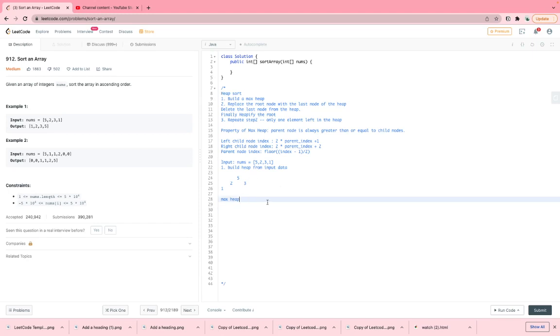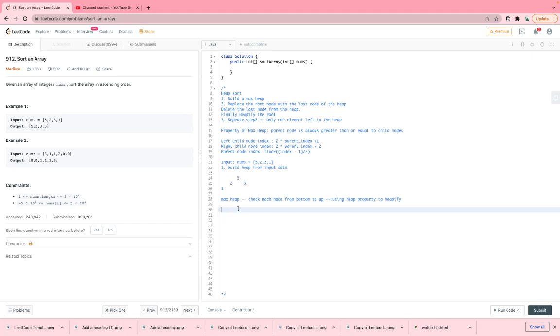We check each node from bottom to up, using the heap property. The property is that the parent is always greater than the child. To heapify, how do we do this?